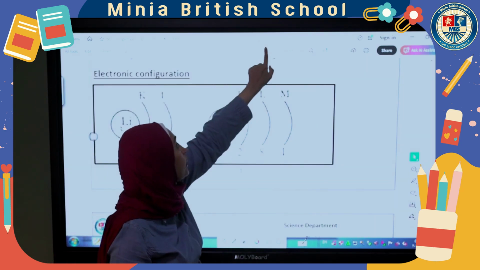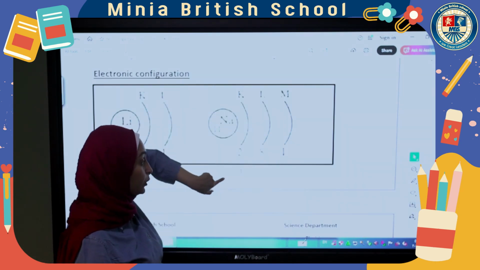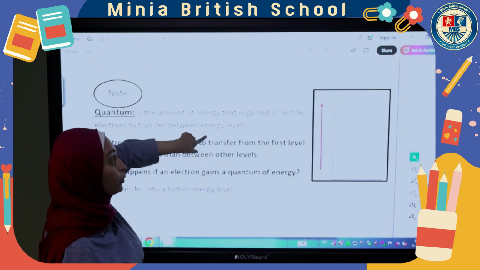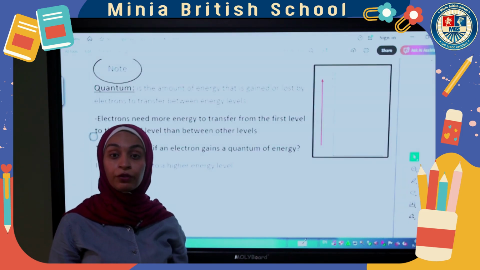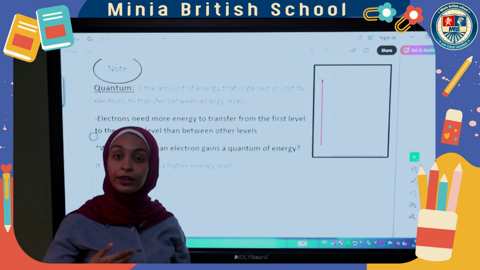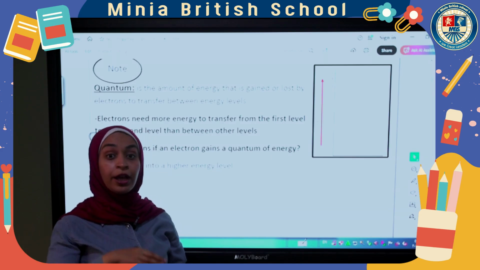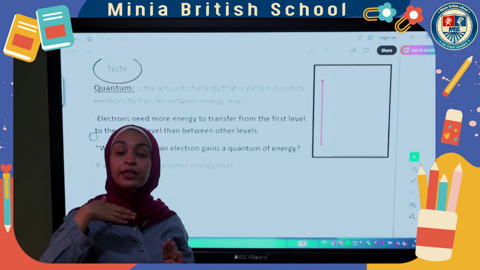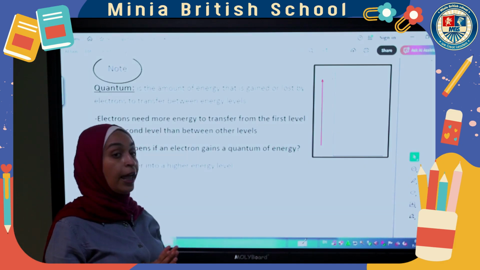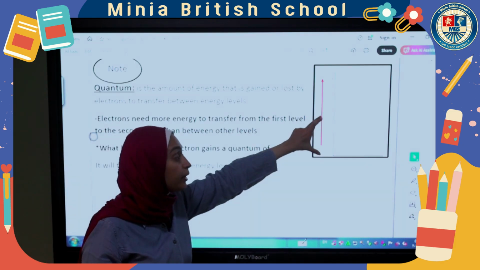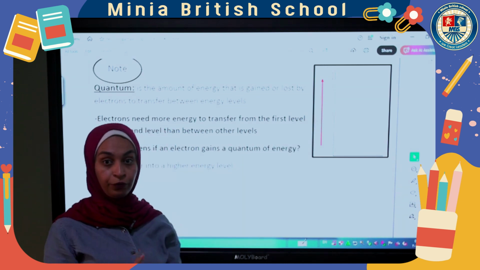Okay, let's see the third part that we will talk about, the energy level. Don't forget that the energy of the electron increases as we go further from the nucleus. And the quantum here is completely different.